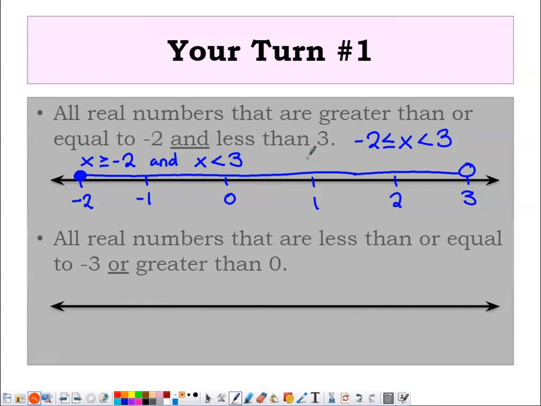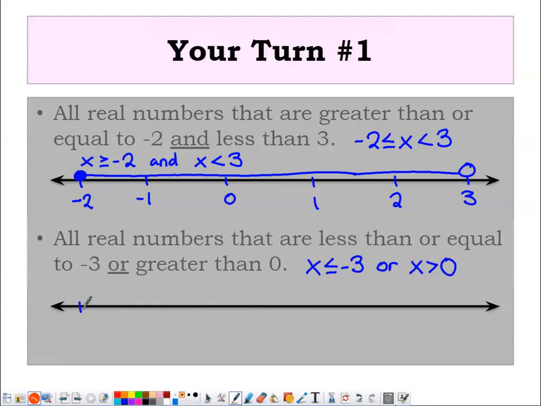Okay, so let's go ahead and graph the second one. All real numbers that are less than or equal to -3 or greater than 0. So we have x is less than or equal to -3 or x is greater than 0. Okay.